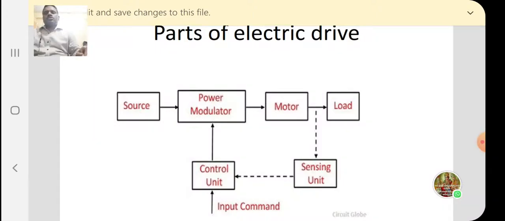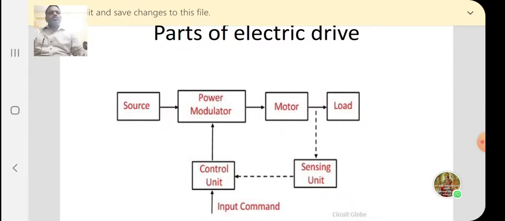Not only a single part, like the motor, is known as an electric drive. All the elements together, the combination of the system, is known as an electric drive. The main central part is the motor, which can be a DC motor, AC motor or other.